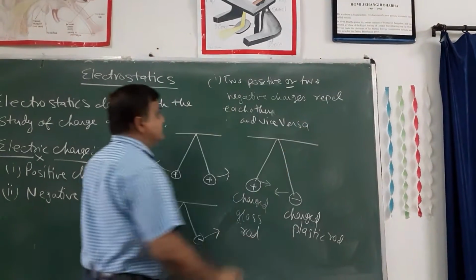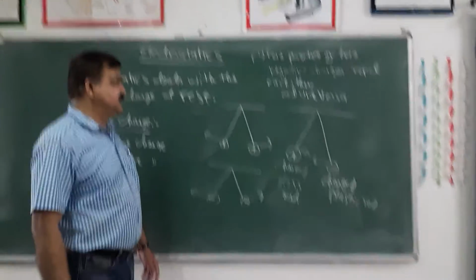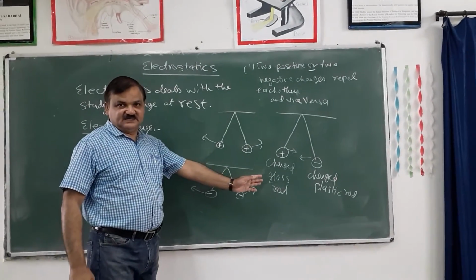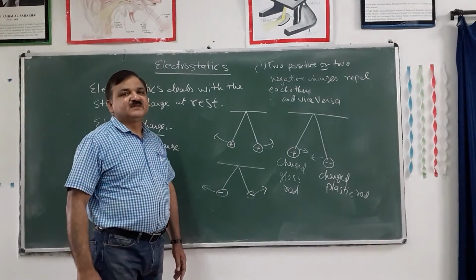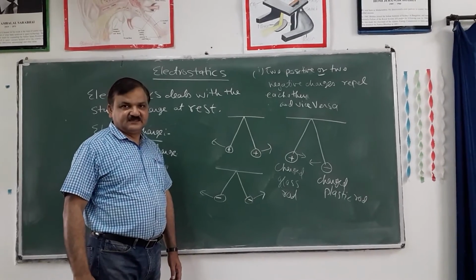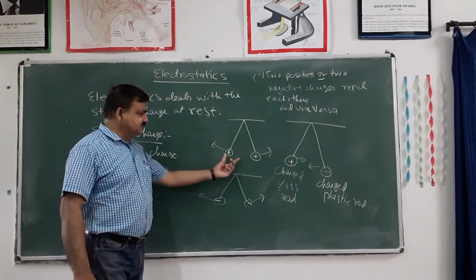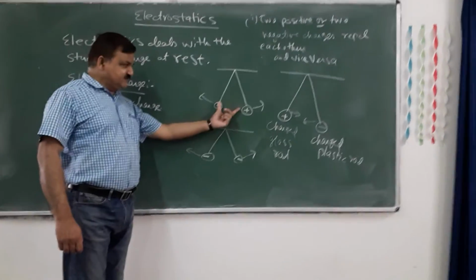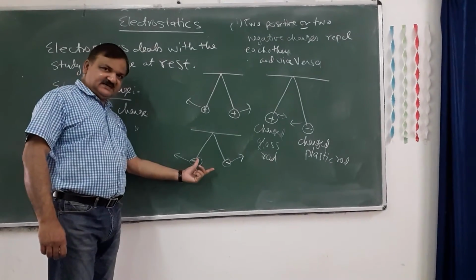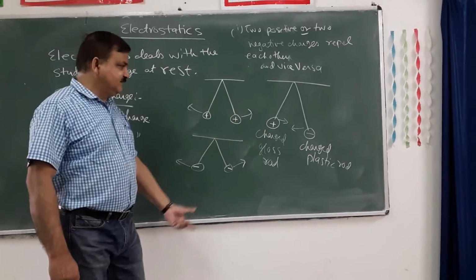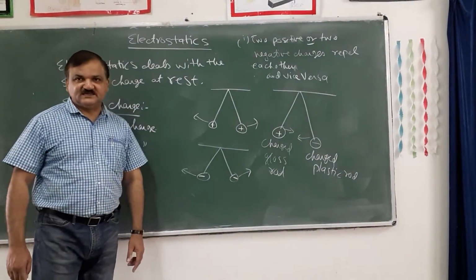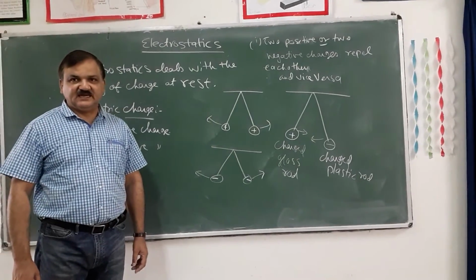Vice versa means when one positive charge and other negative charge are brought towards each other, then they will attract each other. So these two are like charges, like positive charge, like negative charge. These will repel each other, but unlike charges will attract each other. So there are two kinds of electric charge, positive charge and negative charge.